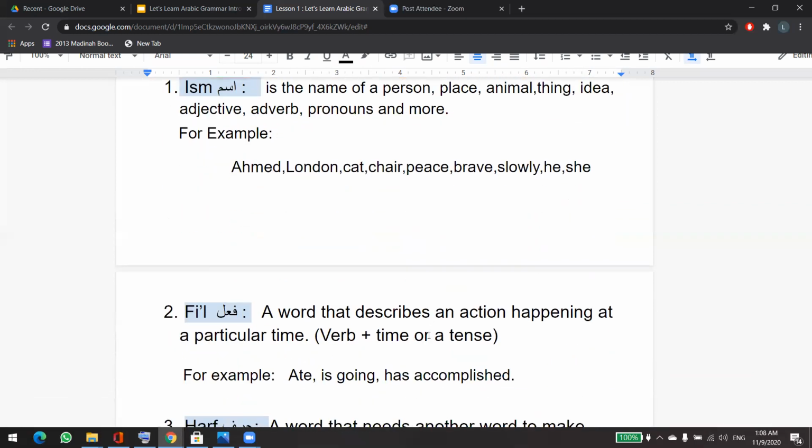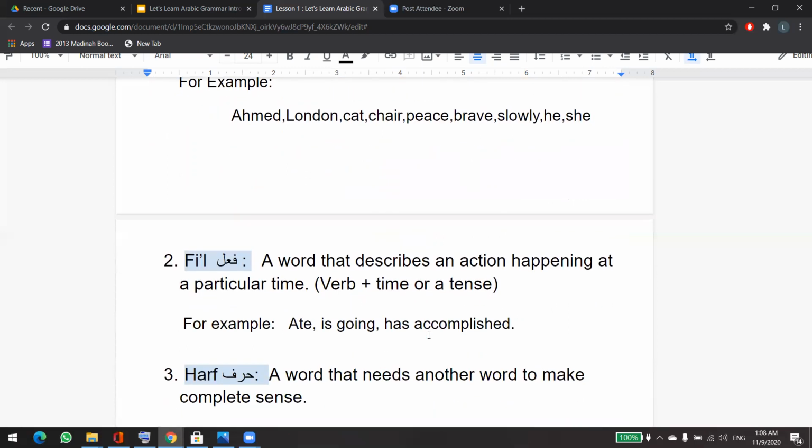In Arabic, a fail is a word that describes an action happening at a particular time. Just keep in mind, this is not synonymous with verb. In English, the verb can be, if I say to eat, to go, that's a verb.